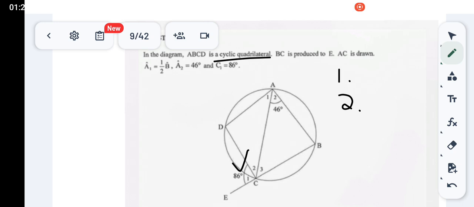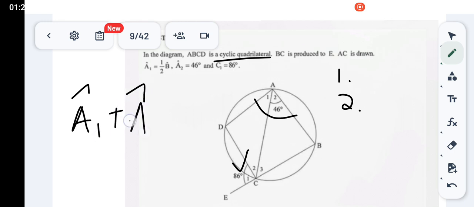As you can see, A1 and A2, the whole angle A, is definitely opposite to C1. Therefore, angle A1 plus angle A2 is equal to angle C1 because of the exterior angle of a cyclic quad.